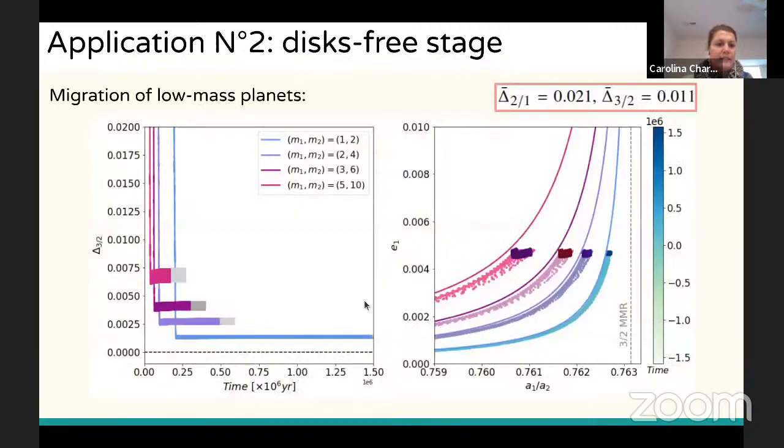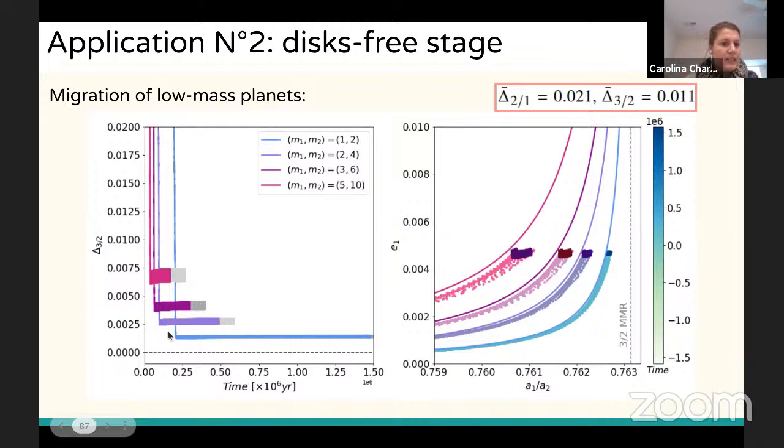And what we get is that the planets migrate until they reach, right here I show the commensurability, and you see that the planets come near the mean motion, and they continue to migrate constantly.